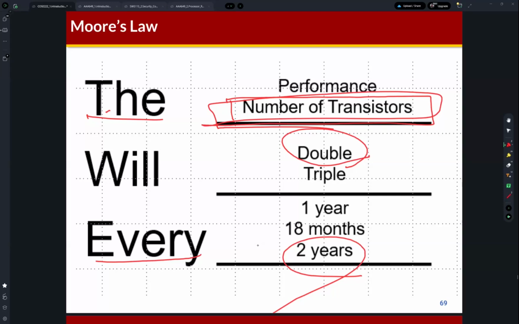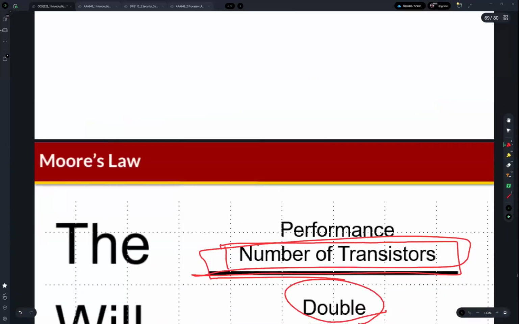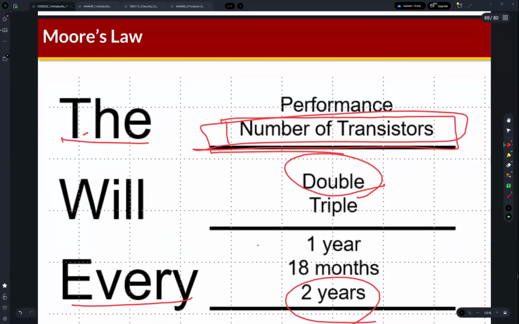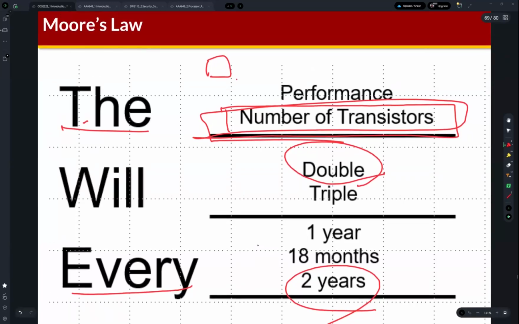So what does that mean? In the same chip area, we can include more transistors, but this transistor density increases exponentially. It doubles over time, so it increases exponentially, not linearly.